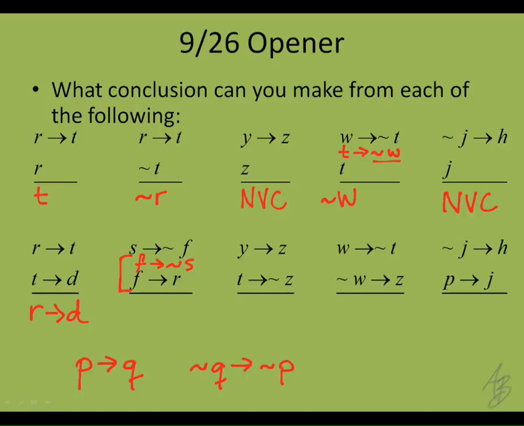So F is the hypothesis in both, and when that happens, we can't make a conclusion. The only time we can use a law of detachment is if the conclusion of one matches up with the hypothesis of the other, like we had in this first one here. Conclusion is T, hypothesis is T. When the first letters match up, it's not going to do you any good. You can't make a conclusion.